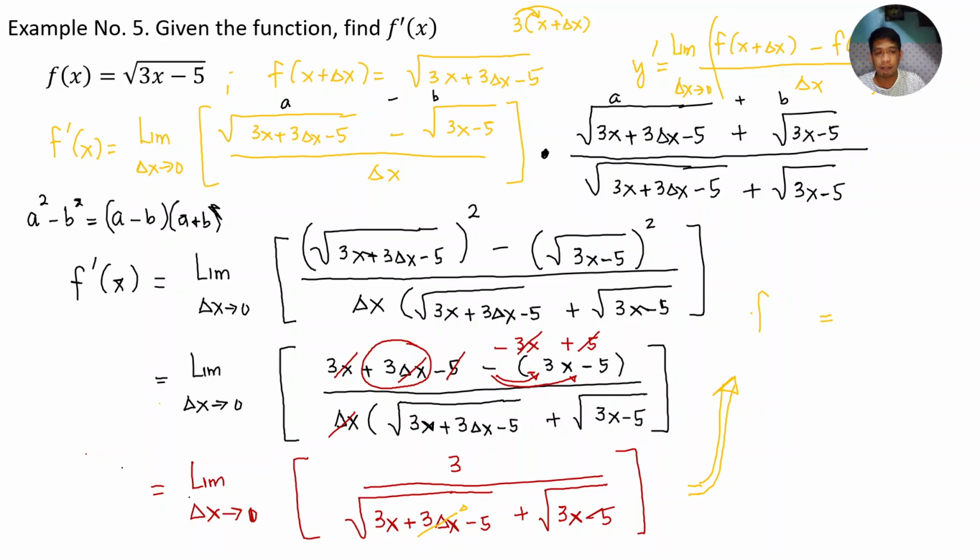That's our f prime of x equals 3 all over square root of 3x minus 5 plus square root of 3x minus 5. And the sum of the square root of 3x minus 5 is twice of that. So this is 3 over 2 square root of 3x minus 5.